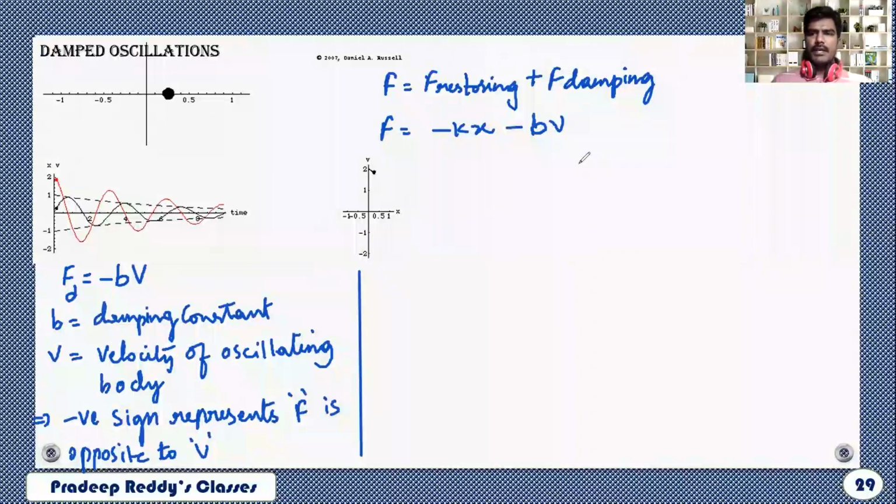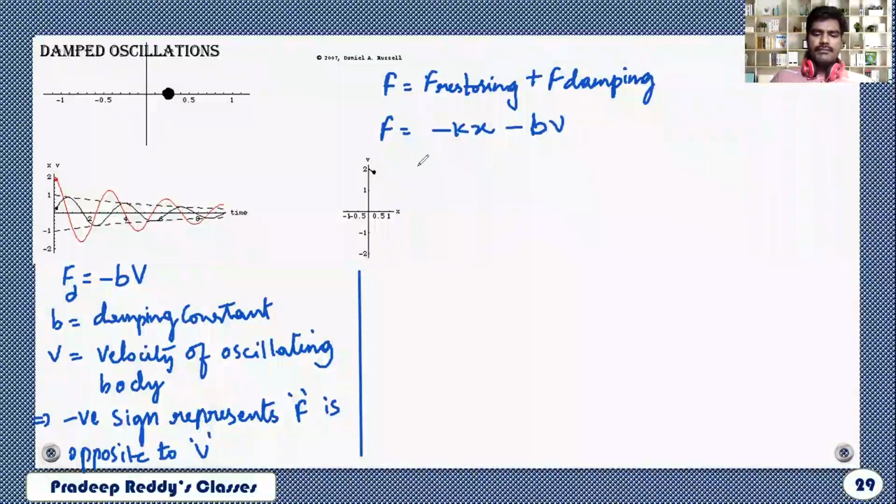That is the damping force we have already learned. Remember, the damping force always decreases the magnitude of the velocity of the particle. If velocity is upward, the damping force will be in the downward direction. If velocity is downward, the damping force will be upward. It decreases the magnitude of velocity. So F is equal to minus kx minus bv.